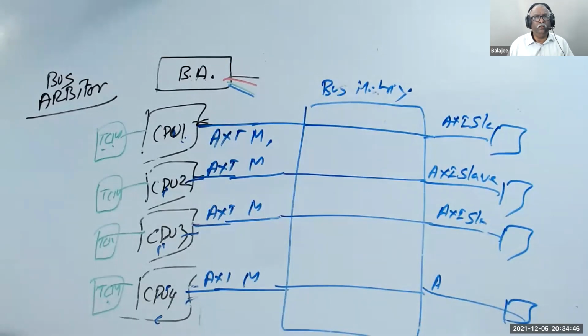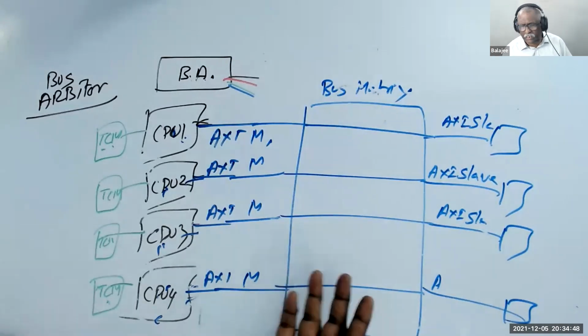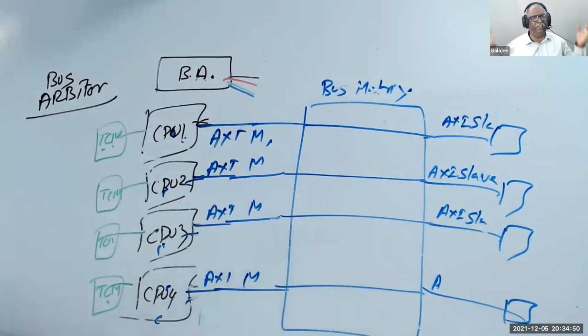Now see, till yesterday, these things were high end. These things were very high end. Only top companies, only mainframes or supercomputers used this. Today, ARM, Intel, everybody brought it into their products.